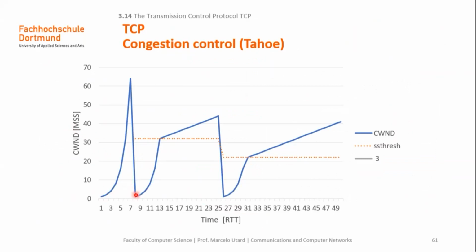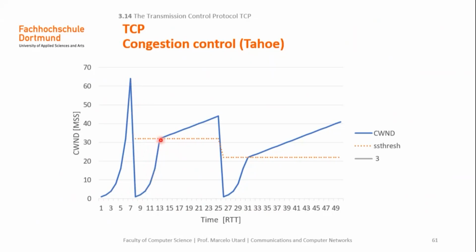And this is typically the chart that shows the evolution. Here we have a segment loss. Then we reduce the congestion window to 1, and we set the slow start threshold to 32 because it's half of 64. After that, the slow start will restart, starting from 1, 2, 4, 8, 16, 32.